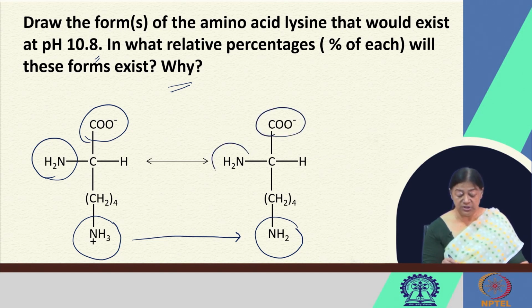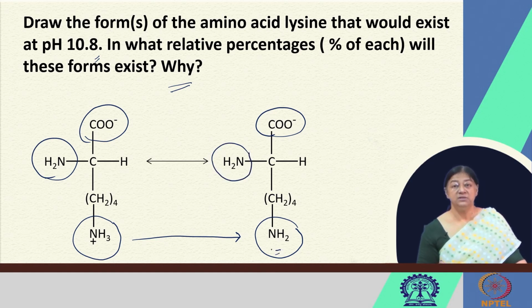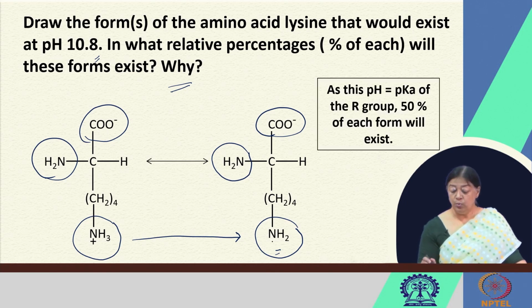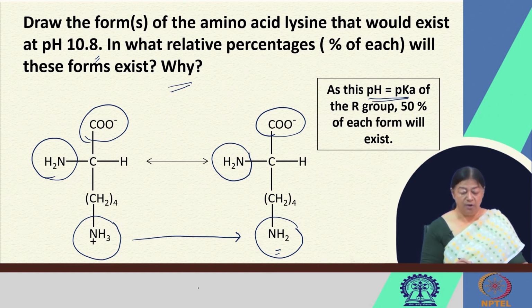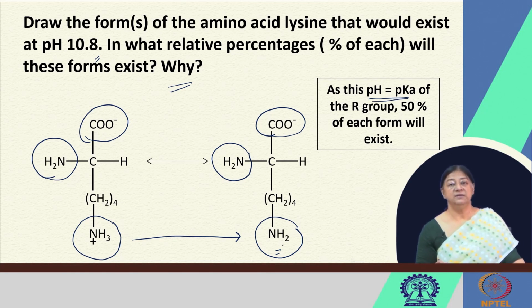We have also lost this proton. At 10.8, we are losing this proton that is associated with the side chain of the amino acid lysine. Given the Henderson-Hasselbalch equation, we have pH equal to the pK of the R group. If the pH is equal to the pK of the R group, we have an equal amount of the protonated and the deprotonated forms.